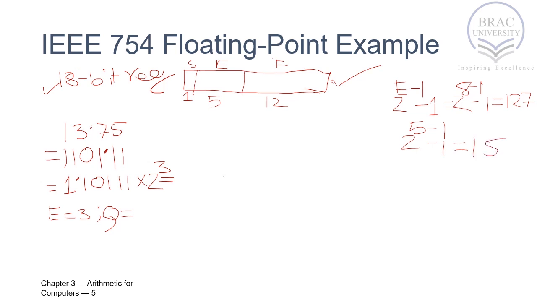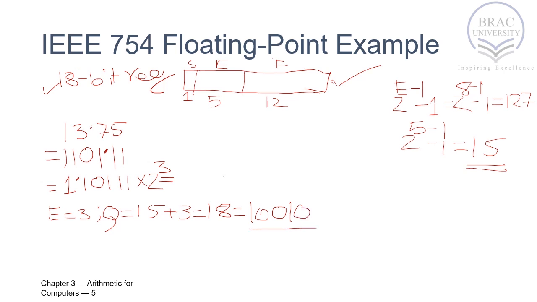That means to get the biased exponent, we need to add 15 to it. So we'll be adding 15 plus 3, which would give us 18, and the binary value for 18 is 1 0 0 1 0. So this is our biased exponent.